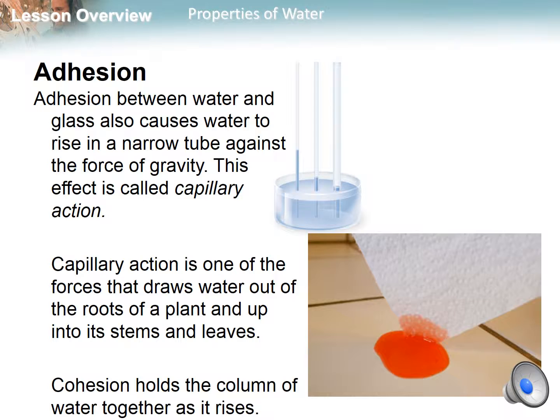One way you can try capillary action is if you take a straw, stick it in your drink, put your finger over the open end of the straw, and keeping it there, pull the straw out, and the liquid will still be inside the straw. Capillary action can also be seen with a paper towel: you touch it to a liquid and the liquid will be drawn up into the paper towel.